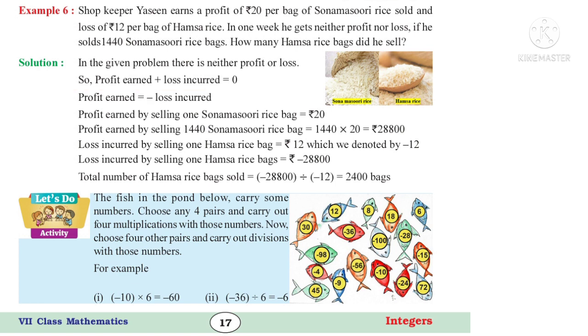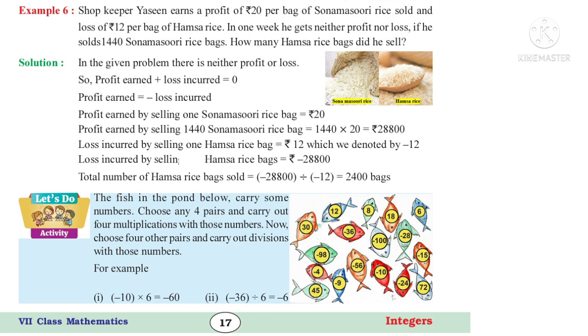So, profit earned by selling one Sona Masuri rice bag equal to, profit indicates plus, so plus 20 rupees. Profit earned by selling 1440 Sona Masuri rice bags equal to repeated addition of 20 for 1440 times, or simply multiply 1440 into 20, which gives 28,800 rupees. Now loss incurred by selling one Hamsa rice bag equal to, loss indicates minus, so minus 12 rupees.